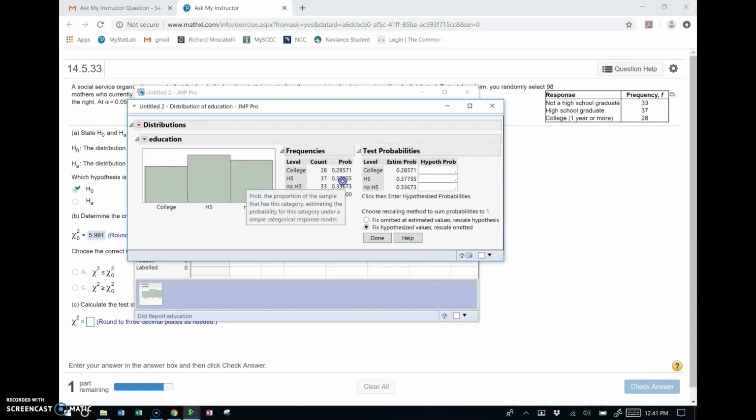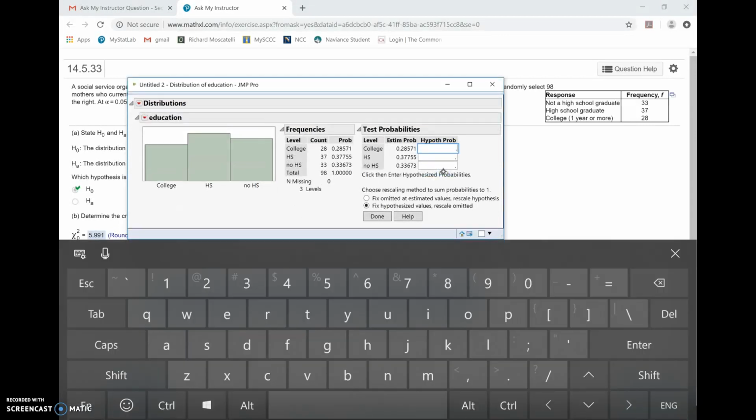Now, if this in fact is uniform, that means each of these things, which there's 3 categories, that would mean that they're equally likely to occur, right? So that would mean that each one has a probability of a third. All right, so in the hypothesized probability, I'll put in 0.3333. It's not going to let you put in 1/3, so you have to type in 0.333.